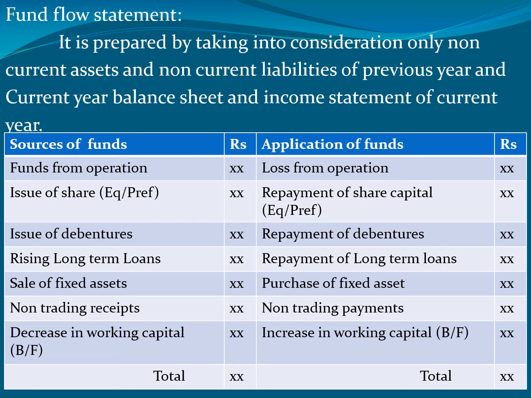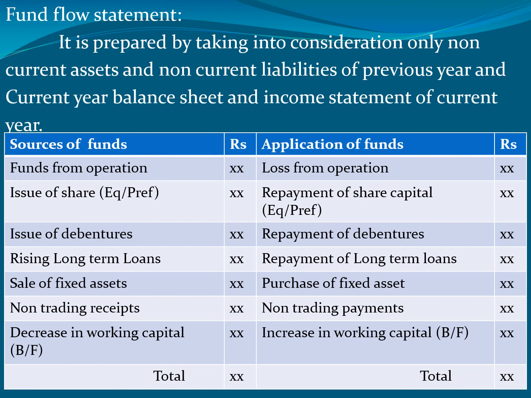So after considering all these non-fund items, sources and applications, you have to do the total and the difference, or the balancing figure. It may be on the left hand side or on the right hand side.